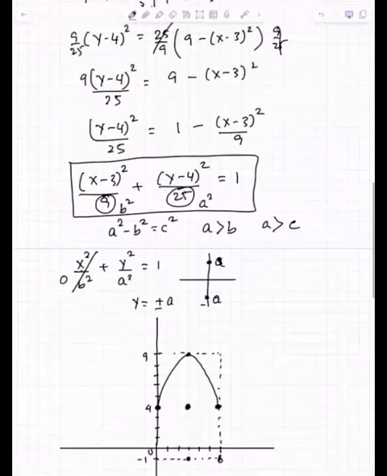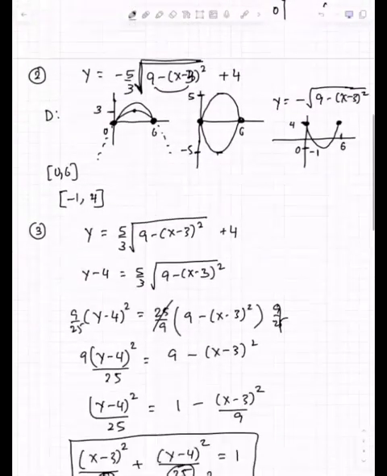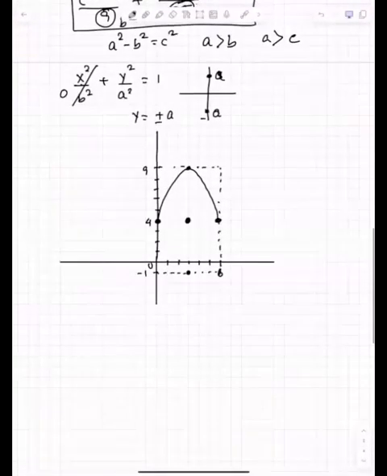Now this you can see is the graph from up here. That was the 5/3 square root of 9 minus (x minus 3) squared plus 4.